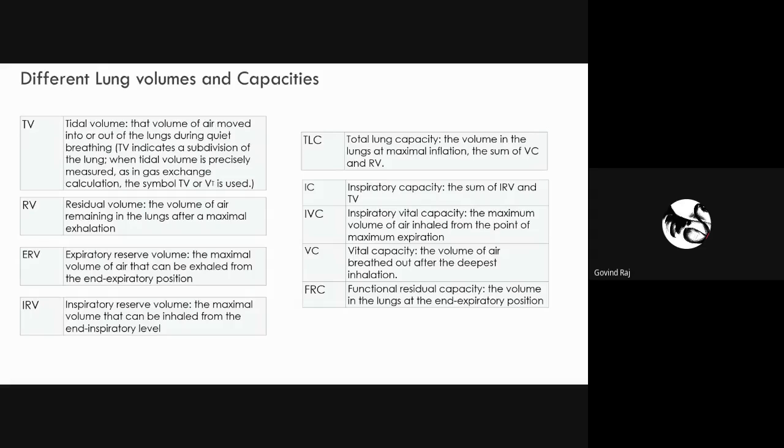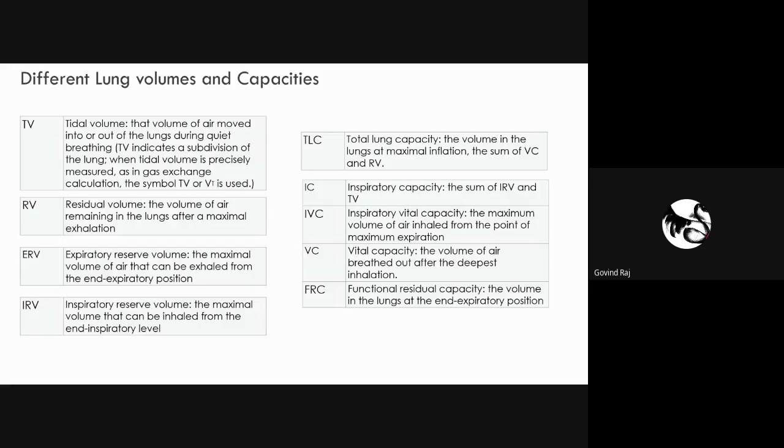What is inspiratory reserve volume? It is the maximal volume that can be inhaled. So how much air we can inhale, plus the normal volume of air that we breathe in, gives the inspiratory capacity.